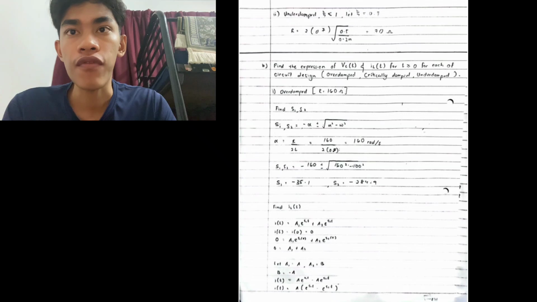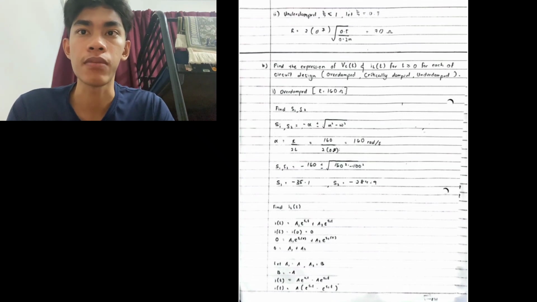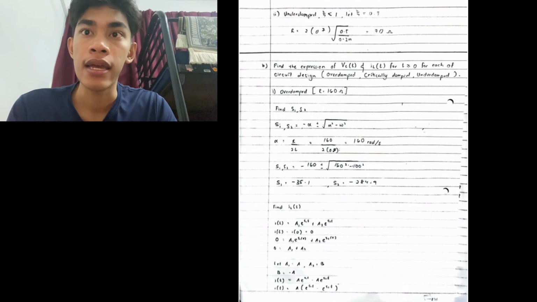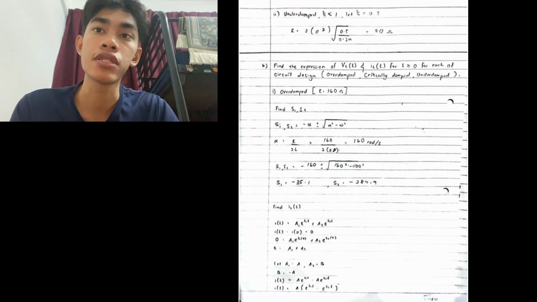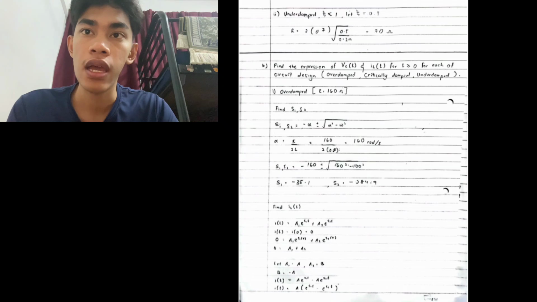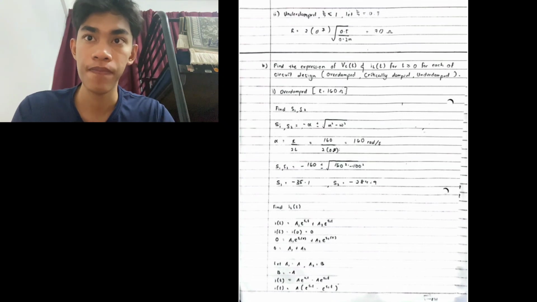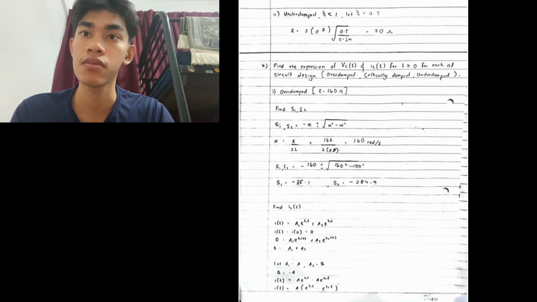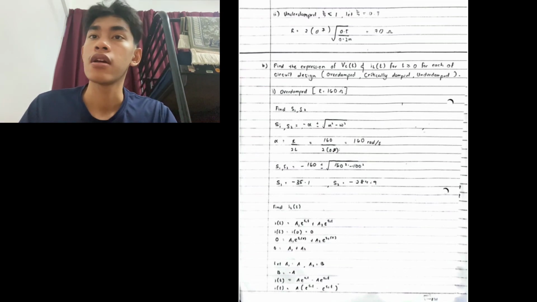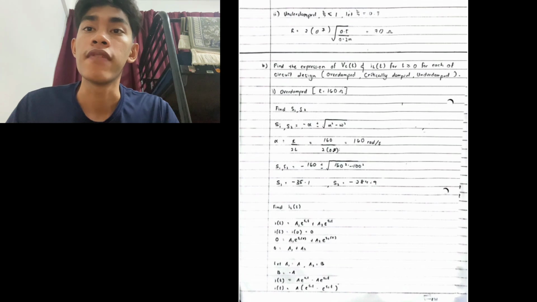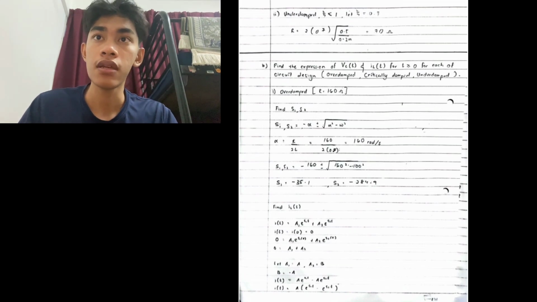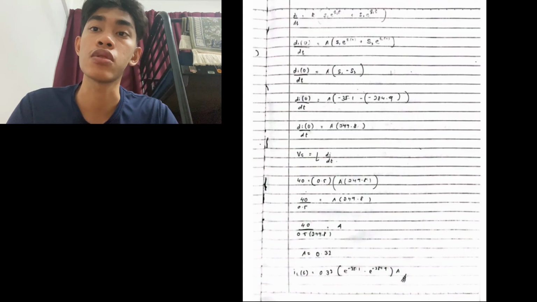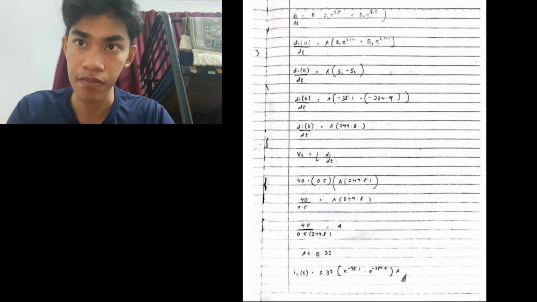Then to find the IL, we must use the expression given by IL(t) equals A1 exponent S1t plus A2 exponent S2t. After we find the values of A, the value of IL is 0.32 times exponent.